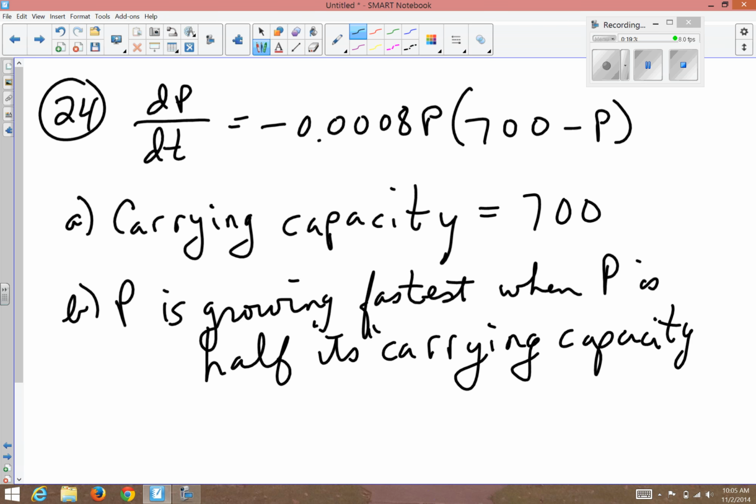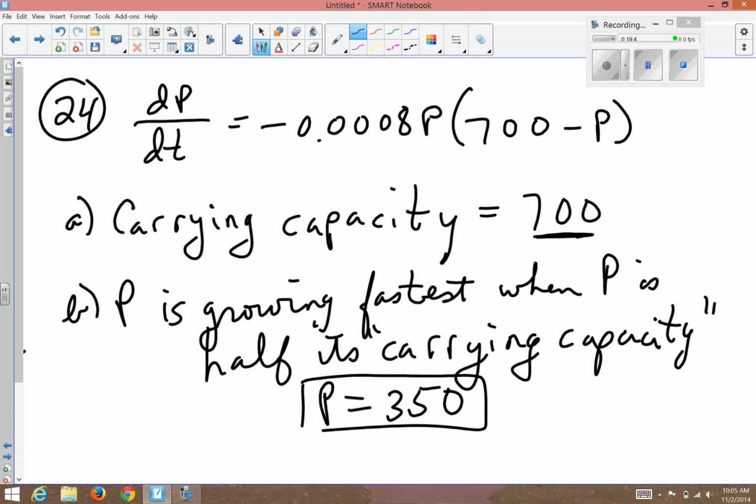It's a general statement. In this case, the population is growing fastest when P is half its carrying capacity. So we're done with part B.